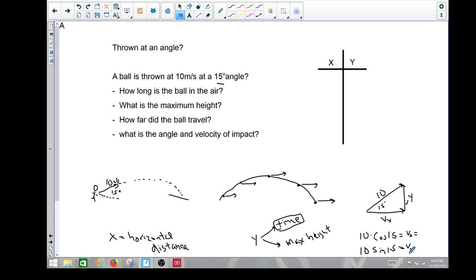So let's get those. 10 times the cosine of 15 degrees is 9.65 meters per second. Let's check that. And now 10 times the sine of 15 is 2.5.